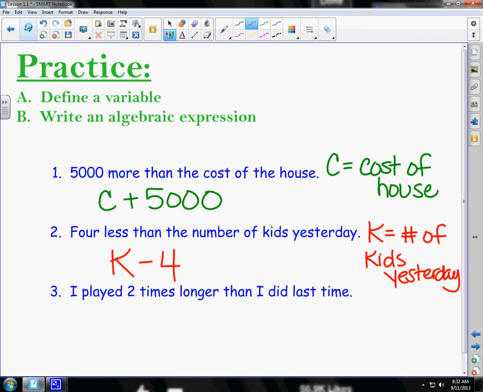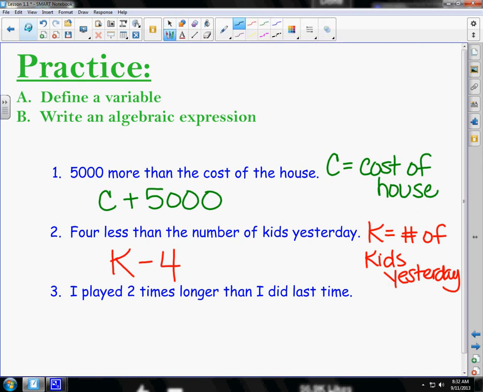It'll be 20 minus 4 is 16. But if you did 4 minus K, that is completely wrong, because 4 minus 20, I can't have negative 16 kids in a class. See how I just picked a random number of 20 and plugged it in? That really helps. I do that all the time in math.